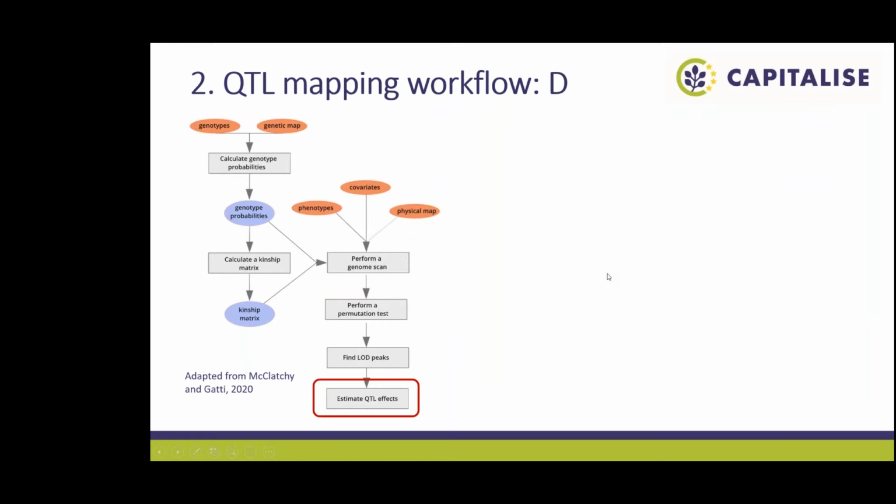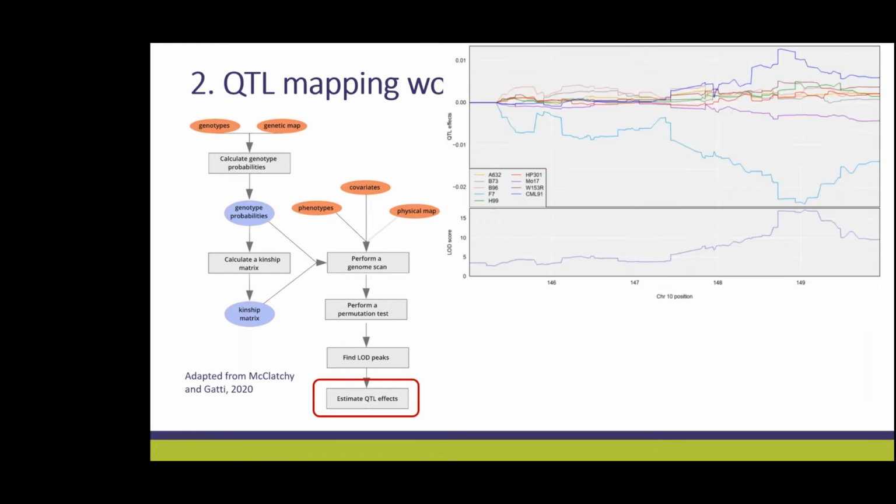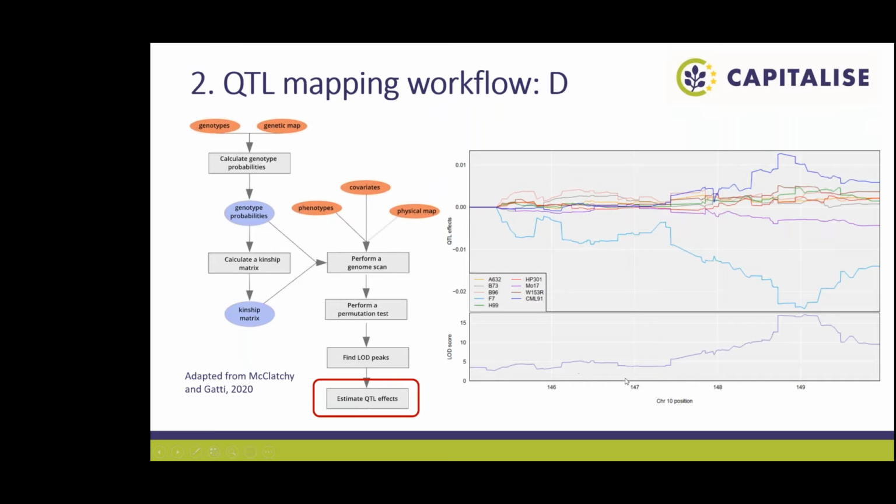Once we have our QTL, here it's a portion of a QTL on chromosome 10. These are actual data from CAPITALISE. Here we are working in 6 megabases, a little portion at the end of chromosome 10, and we see this peak, and we see that one of the parents has a very negative effect.